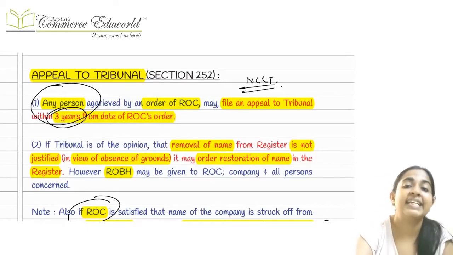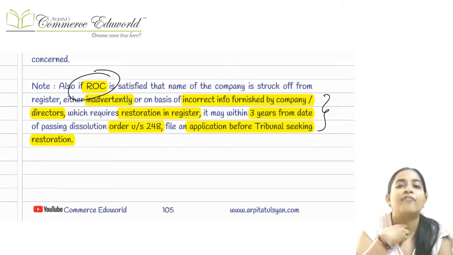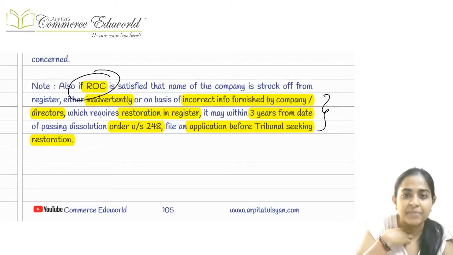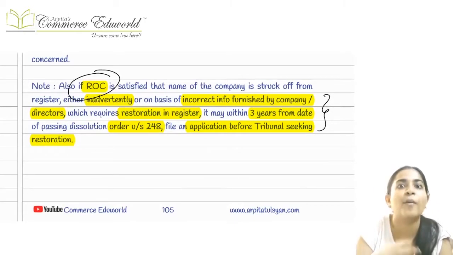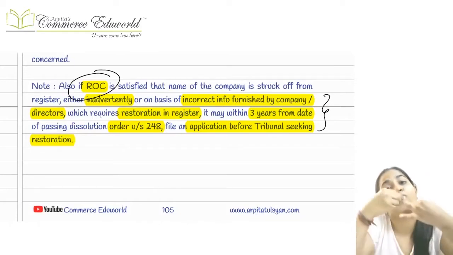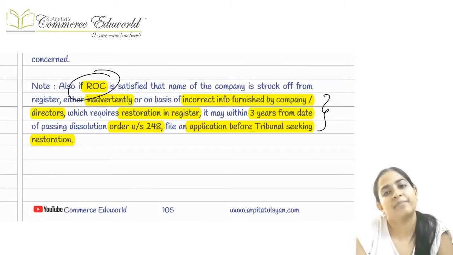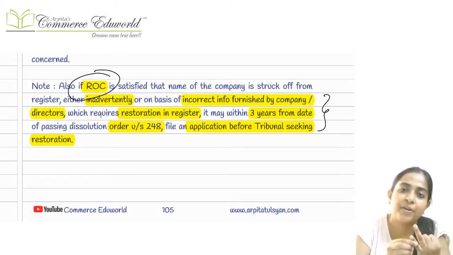Second case, if the ROC itself thinks, oh, there was a mistake done from my end. If the ROC himself thinks that there was a mistake done from my end, that I removed the name on some wrong information, then ROC suo moto can go and make an application before the tribunal that, sir, please restore the name. Okay, in the first point, it was any person other than ROC.